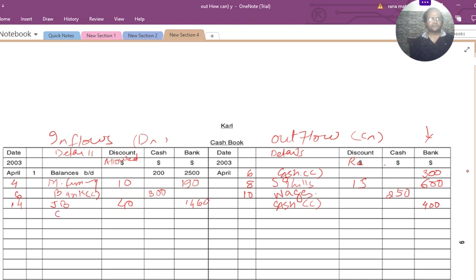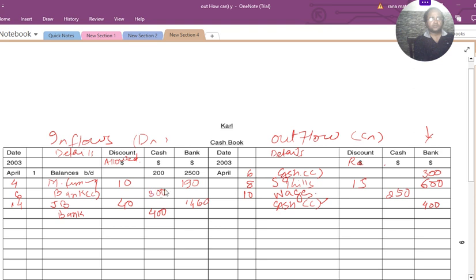Our cash increases, and at the same time bank will be on the debit side, sorry, bank decreases because the company withdrew money from the bank for cash, and cash increases because we withdrew money from the bank.